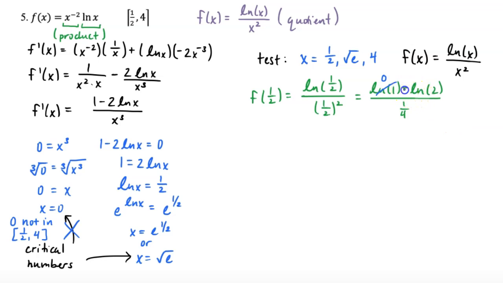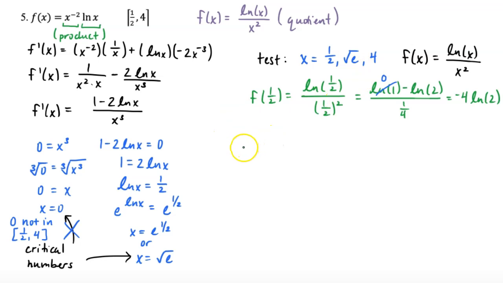So I'm just left with a negative natural log of 2 in my numerator. When I divide by 1/4, it's the same as multiplying by 4. So f of 1/2 is equal to negative 4 times the natural log of 2. So this is my simplified version of f of 1/2. Now also calling this positive 4 times the natural log of 1/2 would be fine as well.